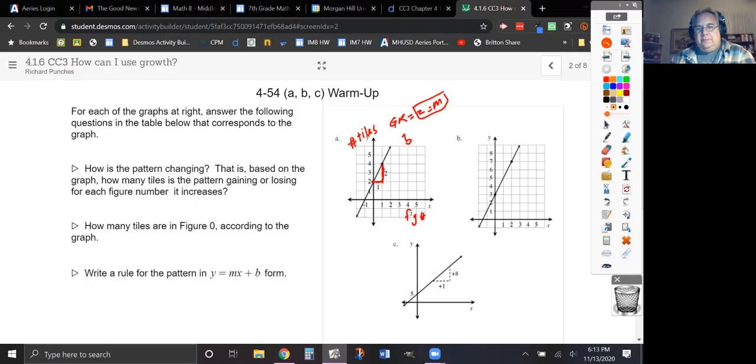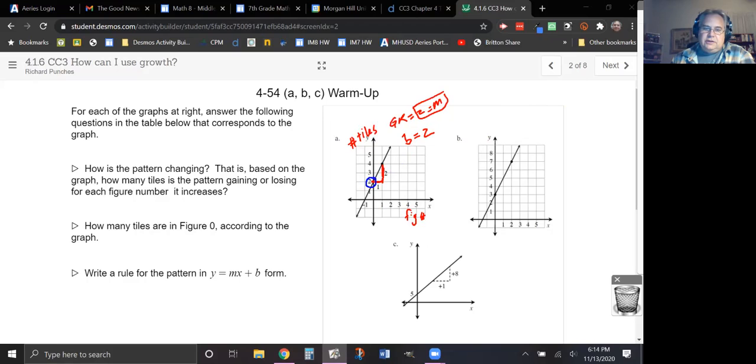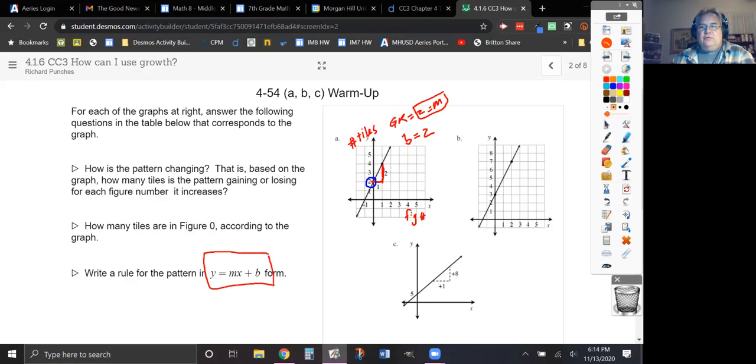And the y-intercept, figure 0, which is the variable b, the parameter, is going to be where that graph starts, which is right here at 2. So I can say that b equals 2. If I take this 2 and that 2 and plug them into my y equals form equation, it's going to go something like the following.